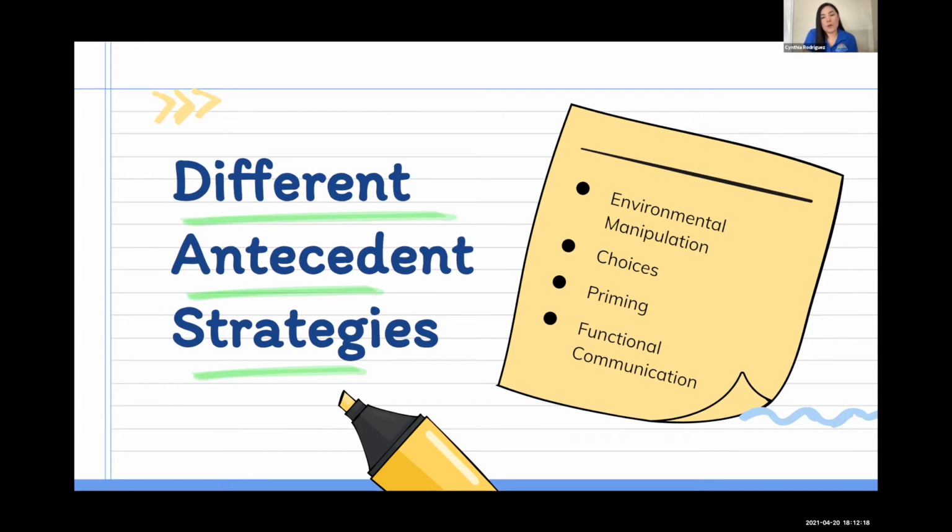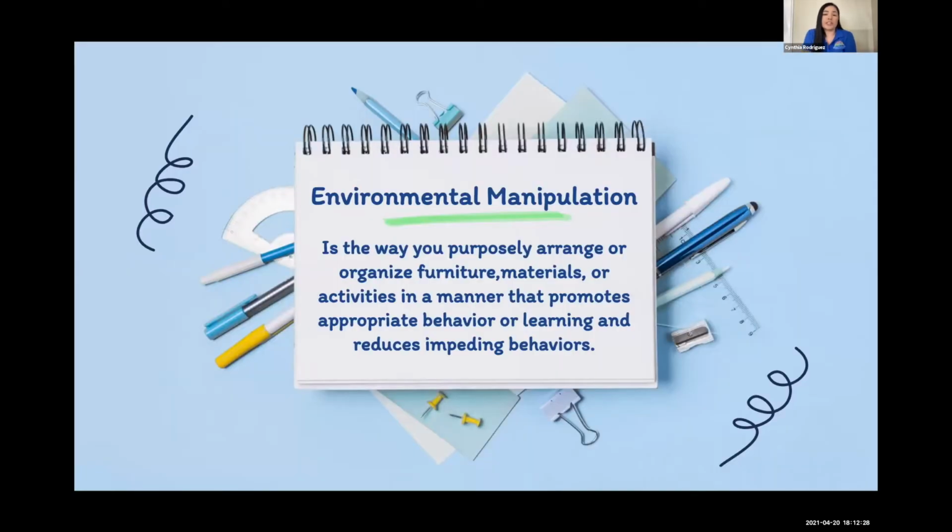So, the ones that I'll be touching base on today are environmental manipulation, choices, priming, and functional communication. First, we're going to start with environmental manipulation. This is the way you purposely arrange or organize furniture, materials, activities in a manner that promotes appropriate behavior or learning to reduce impeding behaviors.